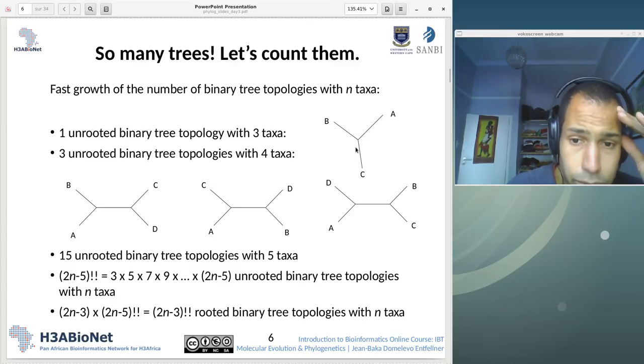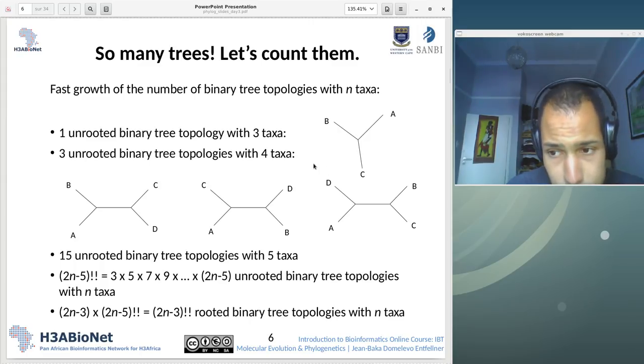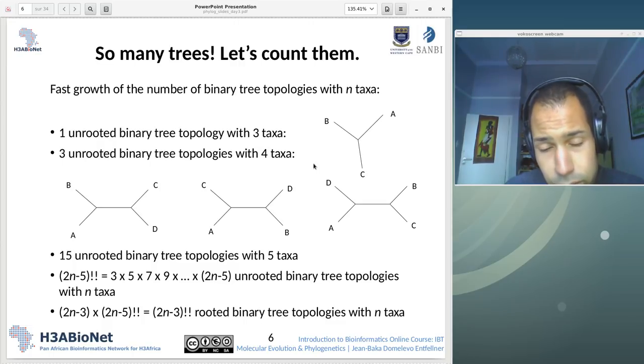Okay, so it's very easy to build phylogenies with an increasing number of taxa from phylogenies. It's easy to build all the possible phylogenies with n taxa from all the possible phylogenies with n-1 taxa.